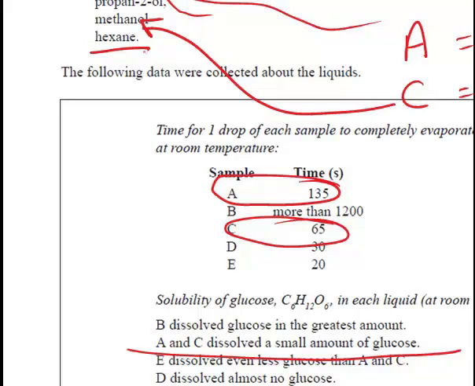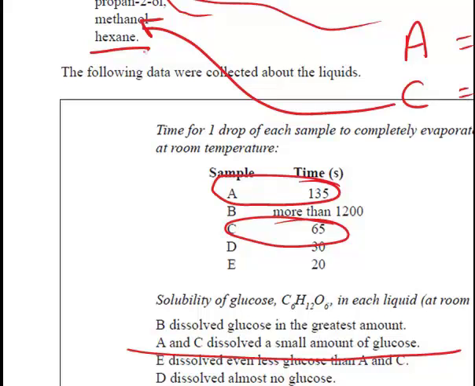Hexane, because it only has temporary dipole bonding, but it's a large molecule compared to the others at least, you wouldn't expect it to have a very high boiling point. So the time of 30 seconds is in line with that. And you'd do a similar thing going through all of them.